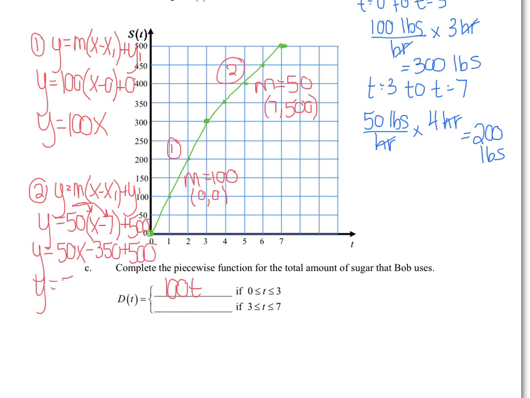So y is going to equal 50x, and negative 350 plus 500 is 150. Again, I'm going to write it in terms of t because that's the proper term. This is going to be 50t plus 150. And that is our piecewise function.